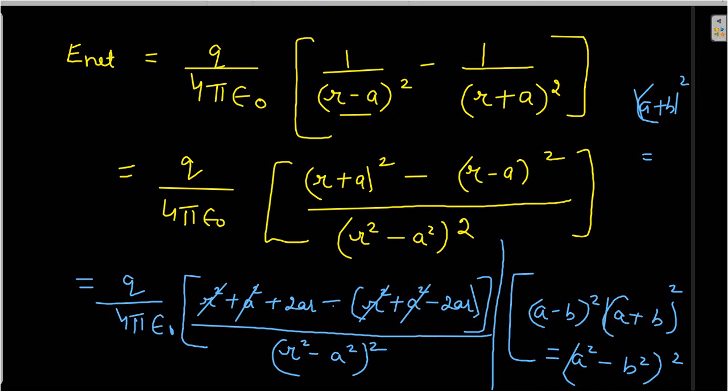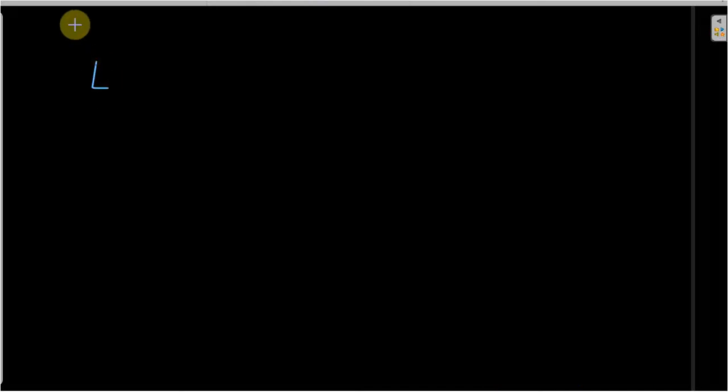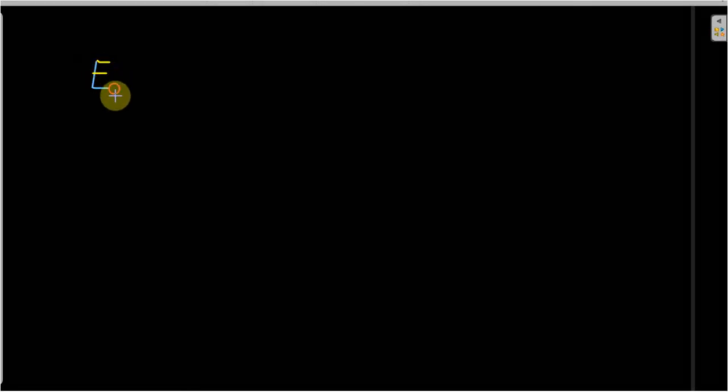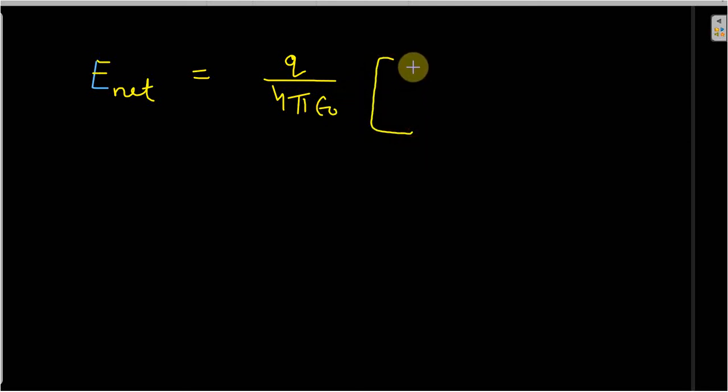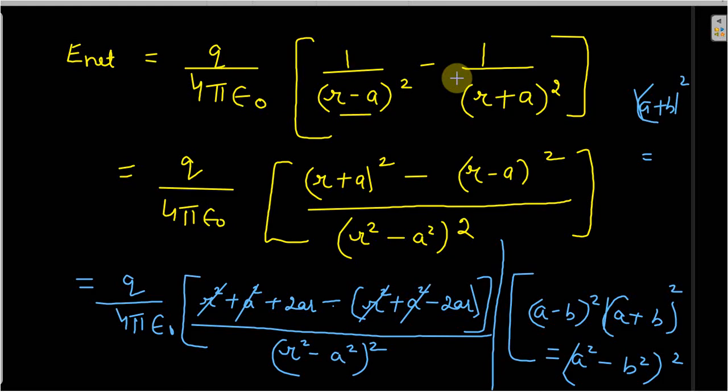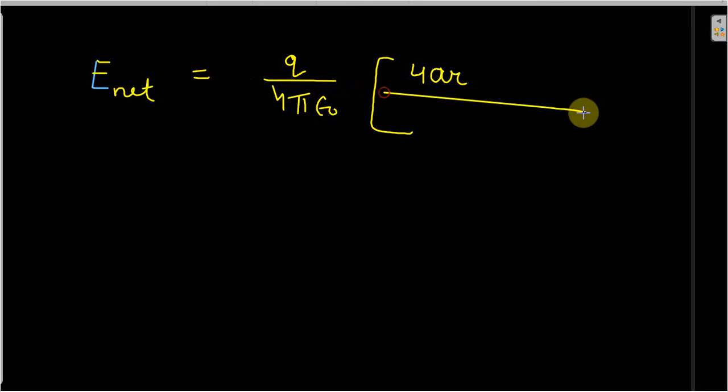So we will write the next step. So finally you will get net electric field equal to Q by 4 pi epsilon naught, and after solving the internal bracket you will get 4AR. So 4AR over R square minus A square and the whole square.